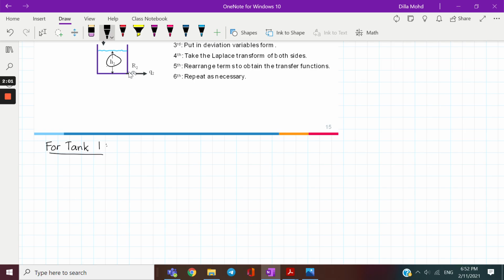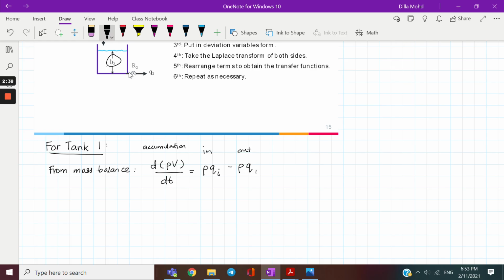For tank 1, from mass balance, we know that the change in density multiplied by volume, which is the mass, equals rho QI minus rho Q1. In minus out equals accumulation.